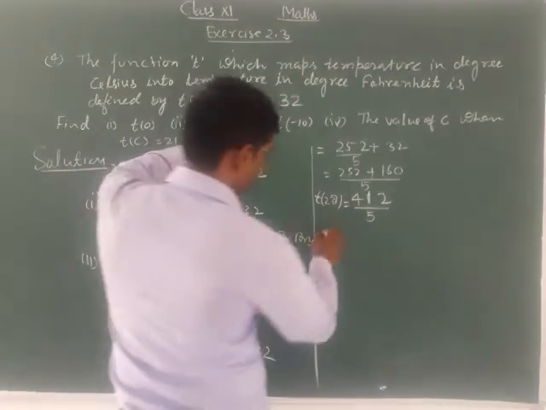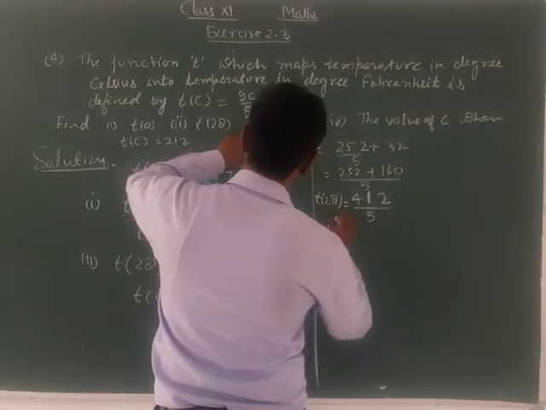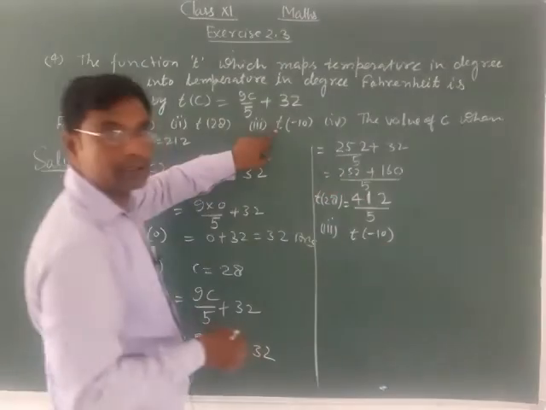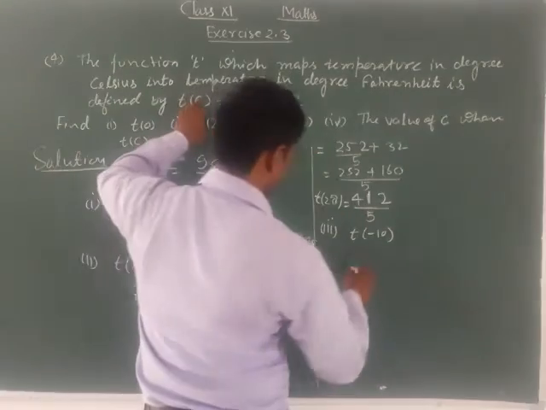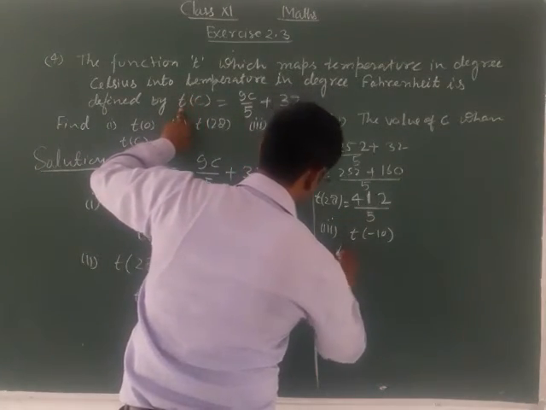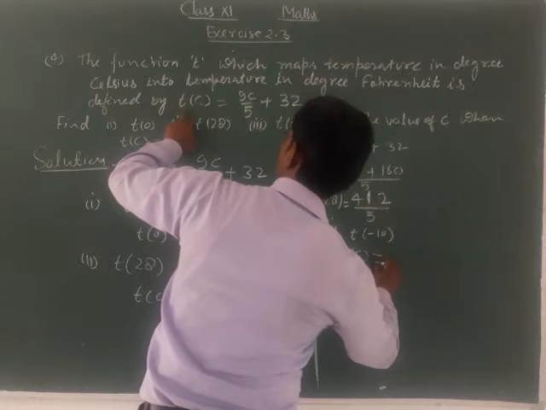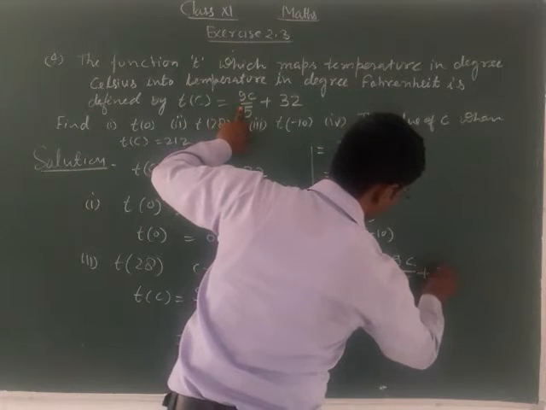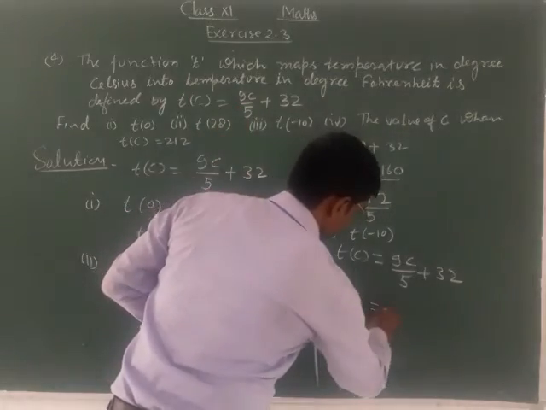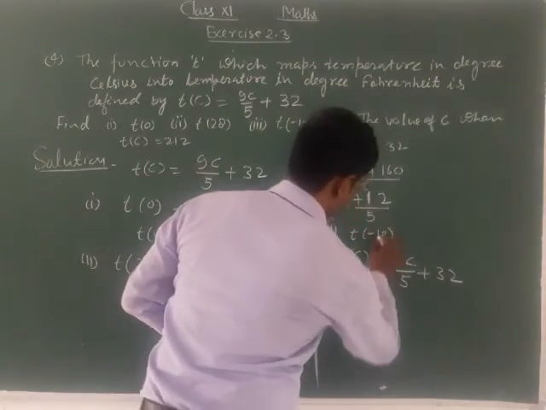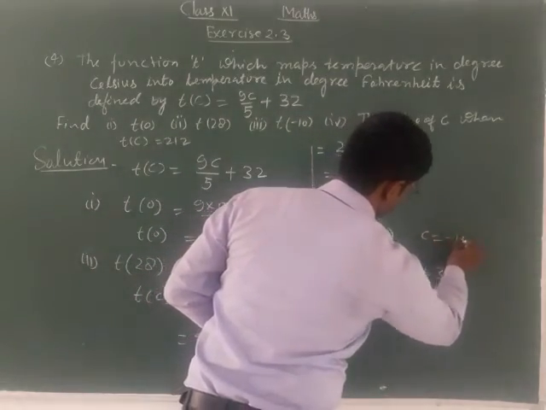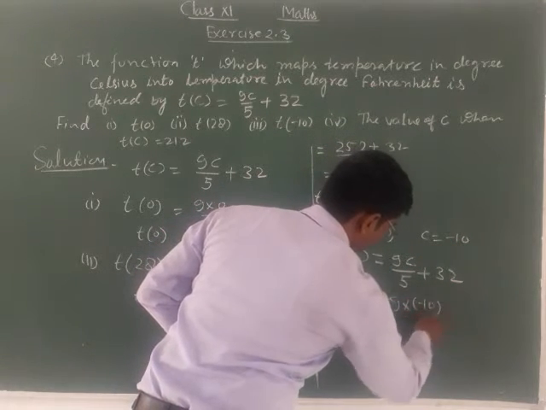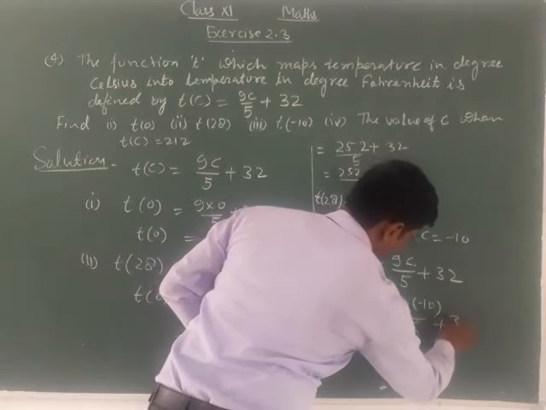And third part, T(-10). Given the function T(C) = 9C/5 + 32, so C is equal to -10. Put it here: 9 into -10 upon 5 plus 32.